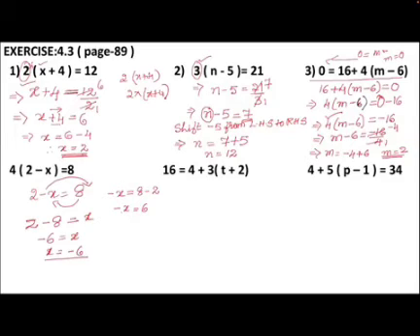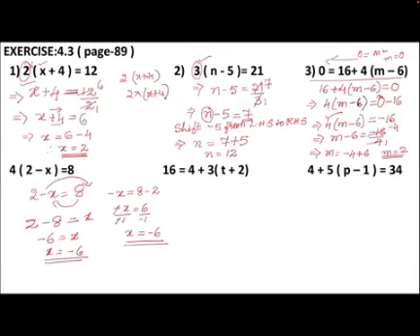Remember balance: whatever you do on the left hand side, do it on the right hand side. So I am going to divide both sides by a negative sign. If I divide by -1 here and by -1 here, this becomes positive. x = -6.